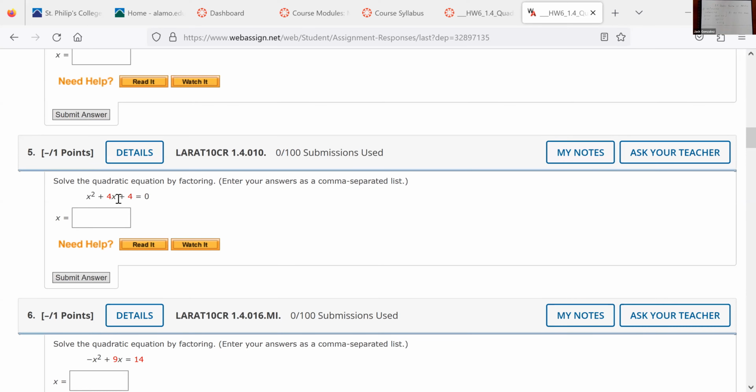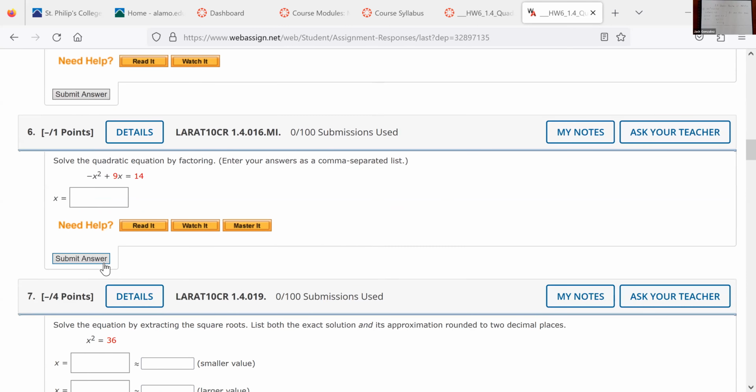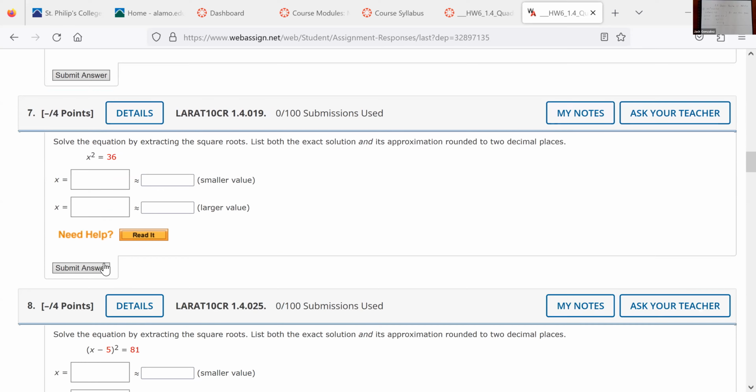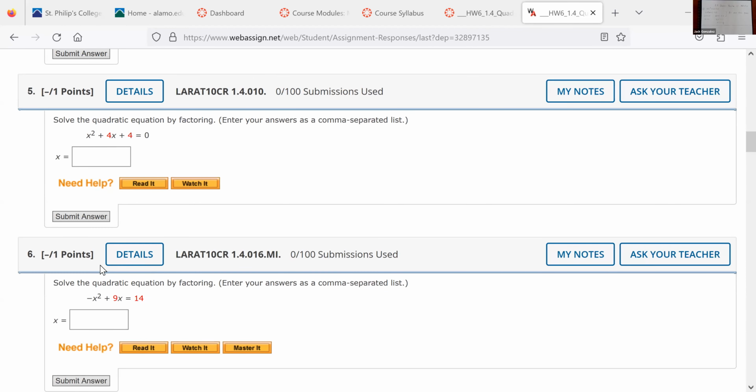So right here, just do basic factoring, like trial and error or AC method, either one. Or I think last time people said they wanted to do box method. That's fine with me. Let's do 5 and 6.